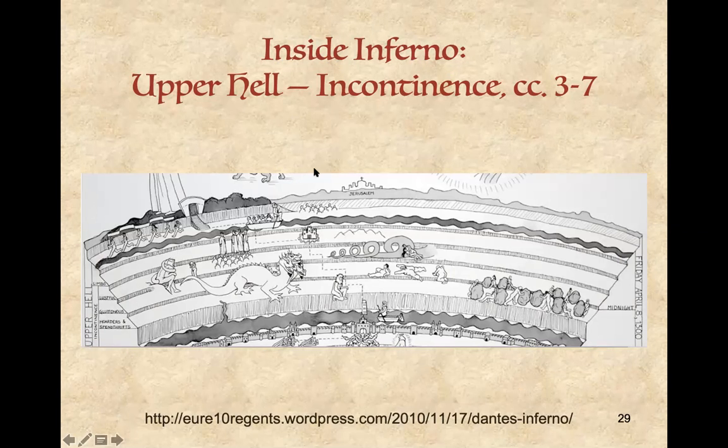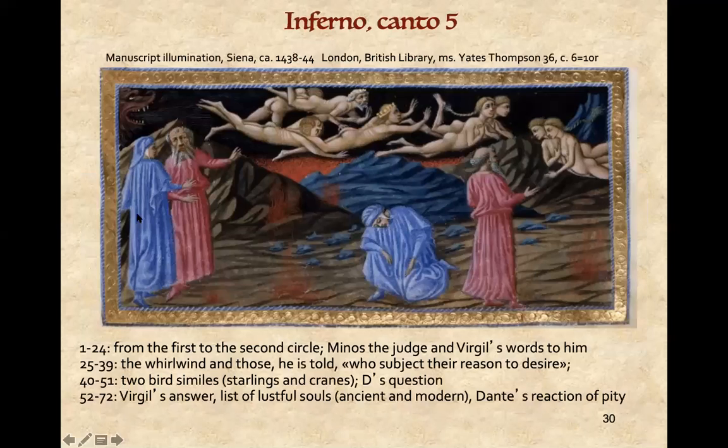So, as you remember, we begin in Upper Hell, in the area of the so-called incontinence, and Paolo and Francesca are lovers. They are in that circle where the souls of what are called the lustful are transported by a whirlwind.